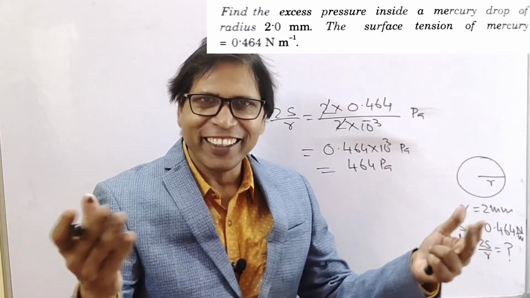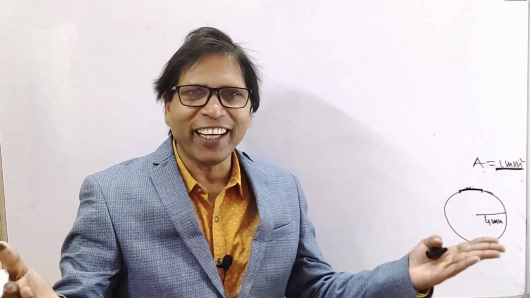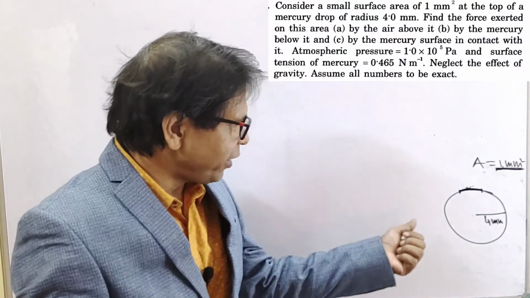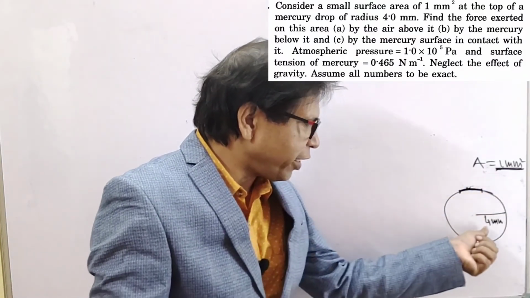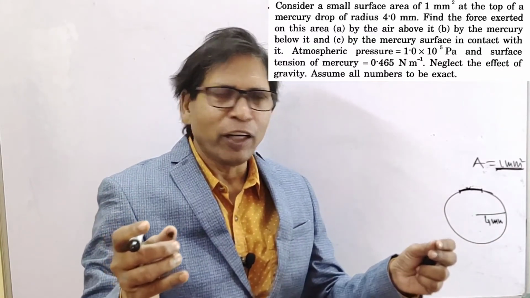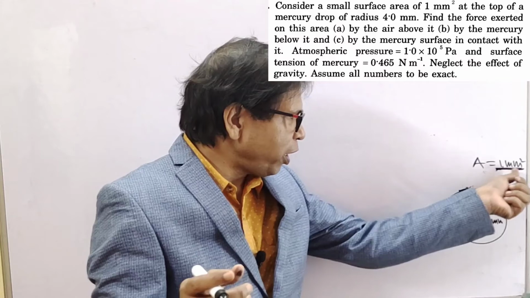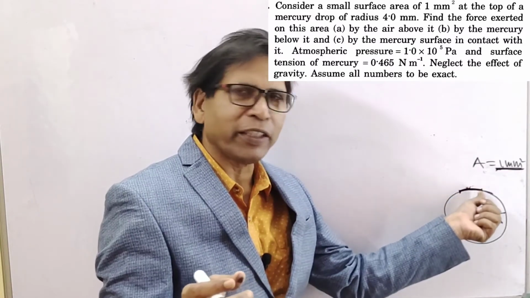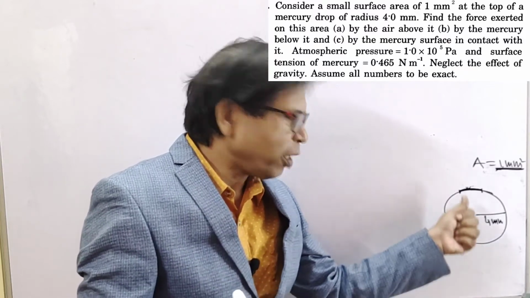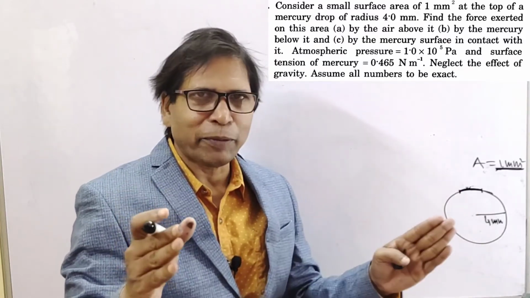Okay, understood? Now a numerical relating to excess pressure. This is a mercury bubble of radius 4 mm. We have to calculate the force on 1 mm square of its surface by the atmospheric pressure, by the total pressure and the excess pressure.